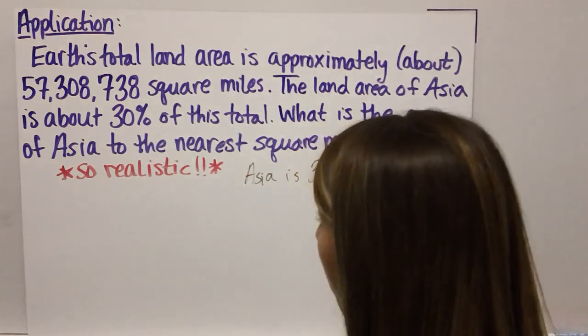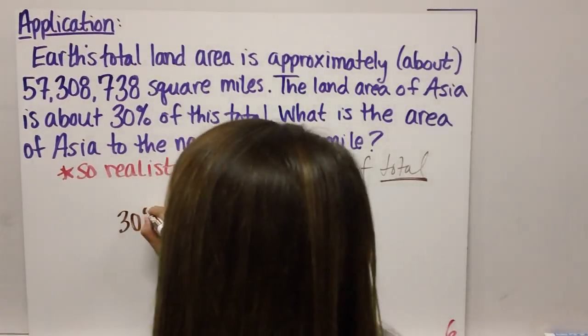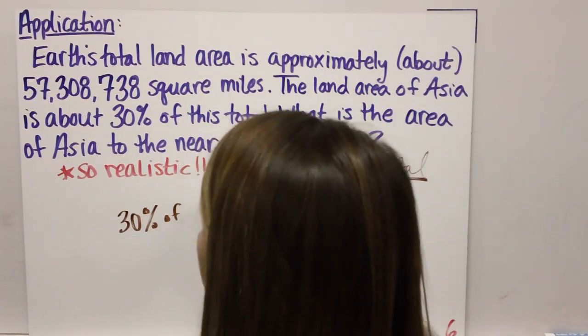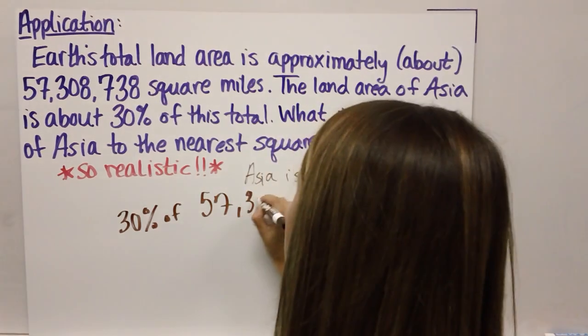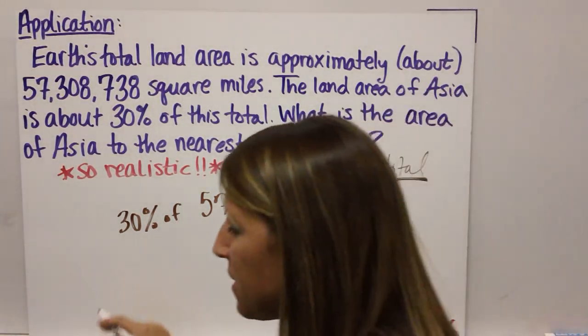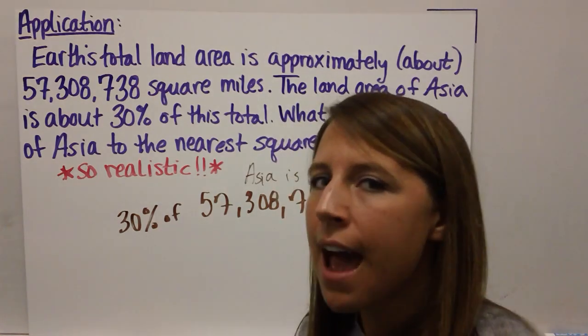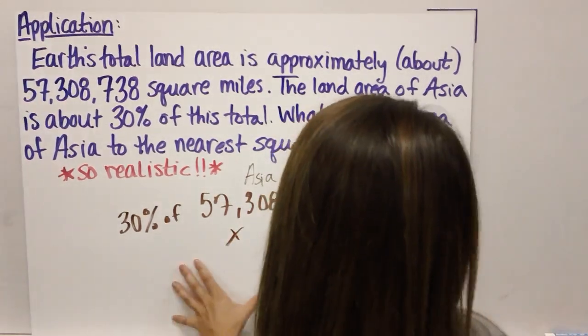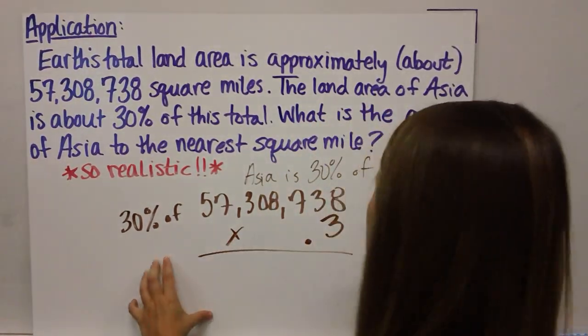Love it. So 30% of 57,308,738. Well, 30% is 3/10 as a decimal. So I'm going to say, well, let's multiply that by 3/10.